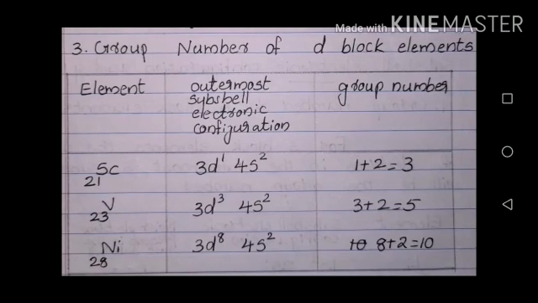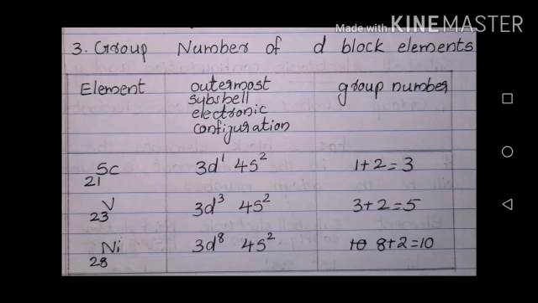Now we are looking at the group number of D block elements. In the last class, we studied the subshell electronic configuration of elements with atomic number 21 to 30. Now I write only the outermost subshell electronic configuration. For scandium, the outermost subshell electronic configuration is 3d1, 4s2.